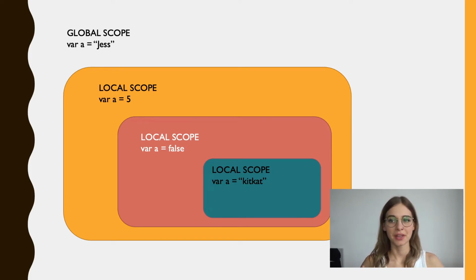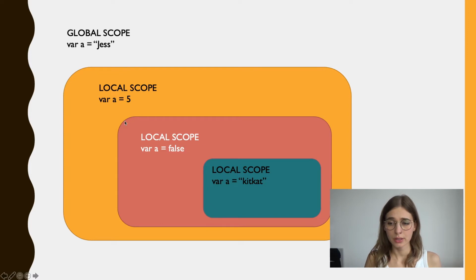That's not the end of the story, because there is a possibility of nested functions. So for instance, I've created a variable a that is storing a value of Jess in the global scope. So this is somewhere in the program and it's visible everywhere. It's not limited by the curly braces or a function. And then I've got a function that is storing another variable a with a value of 5, and it's got a local scope.